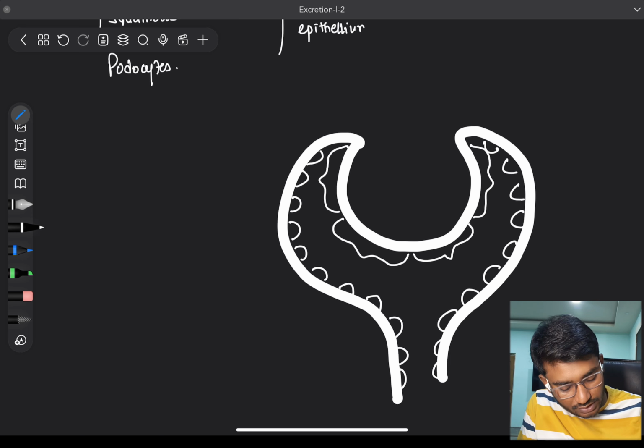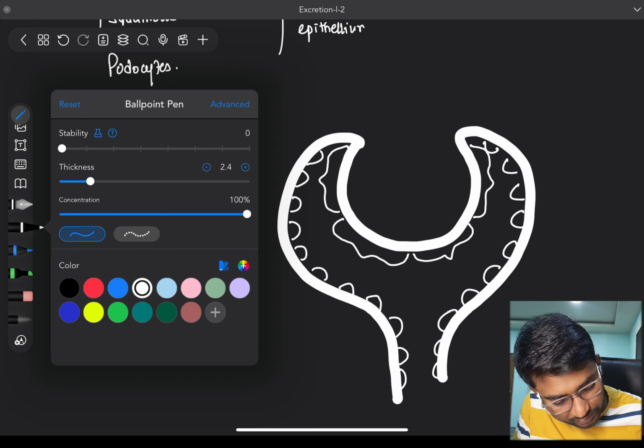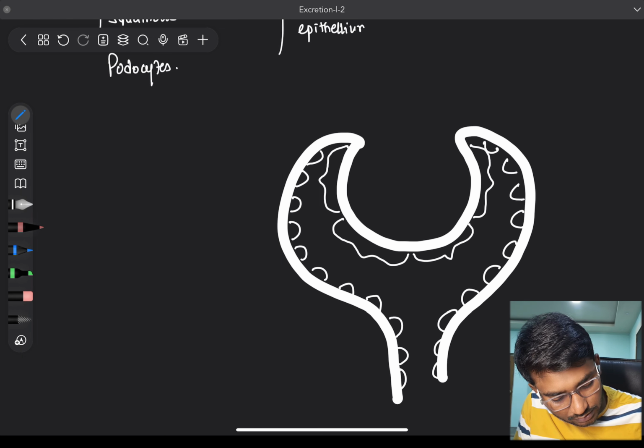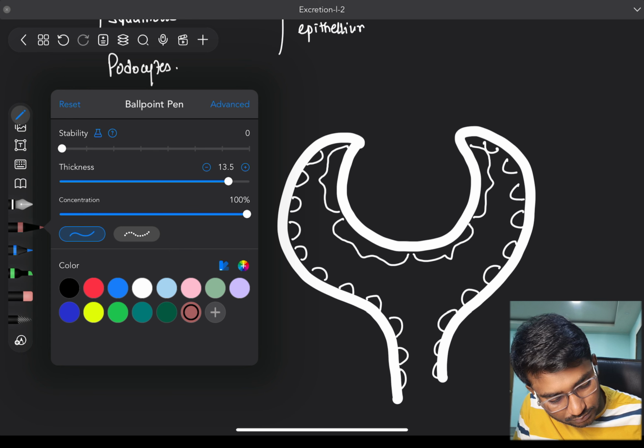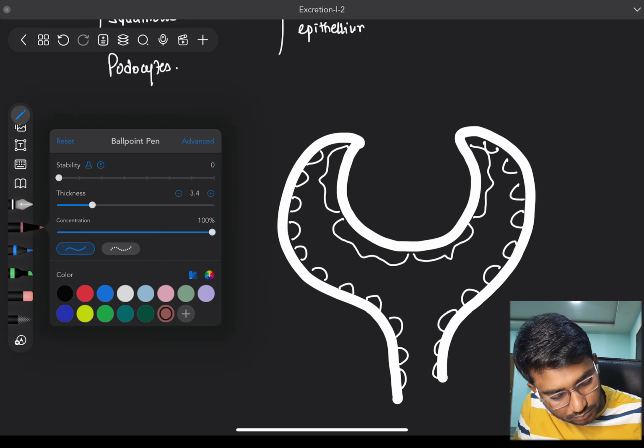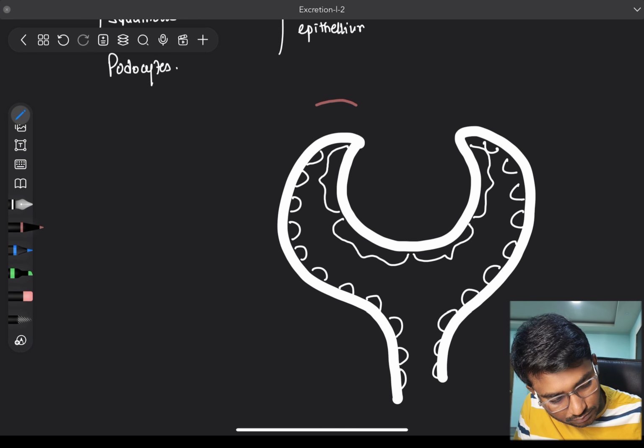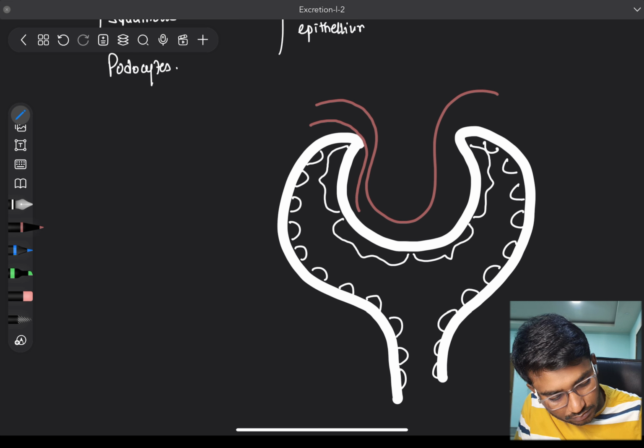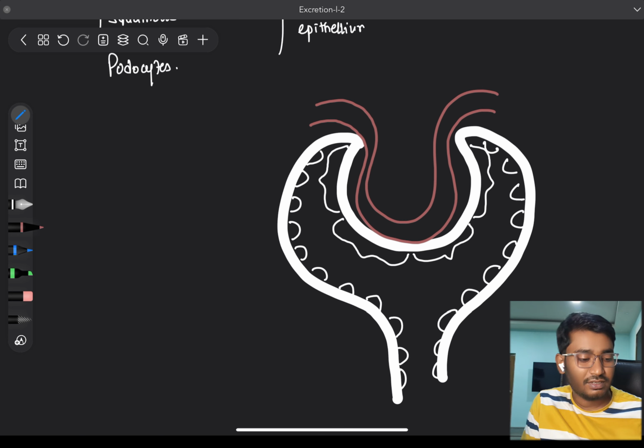Here the afferent arteriole comes in and passes out as efferent.